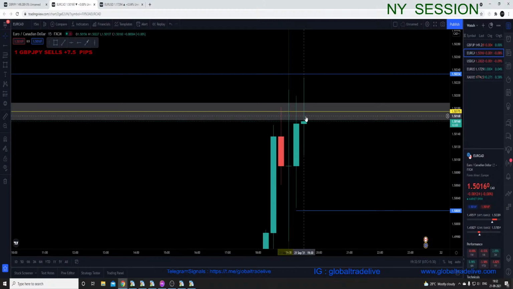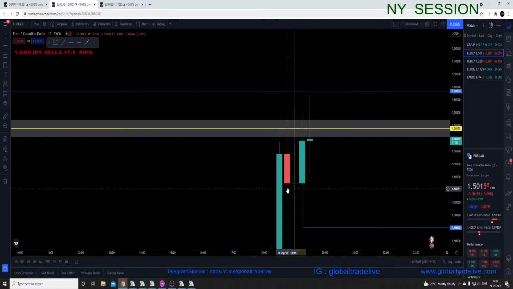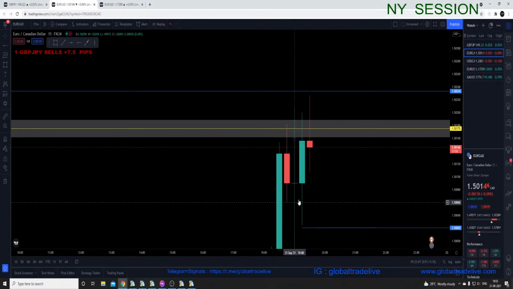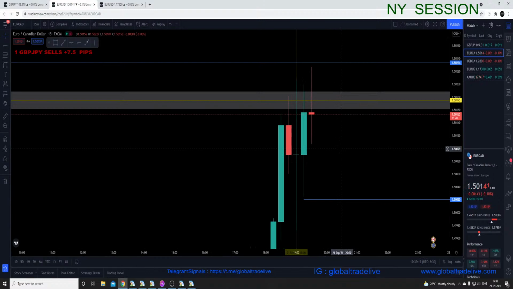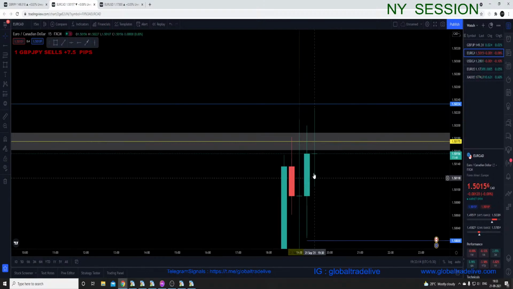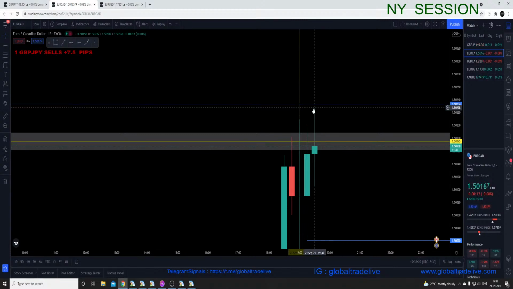So it just created a lower wick. It just created a higher wick. For now, it respected the low of the previous candle. And the way this setup formed over here, it's created a level at this point. So if it continues moving up and breaks this price, then at that point I'm gonna enter a buy trade, anticipating the market to move all the way up.